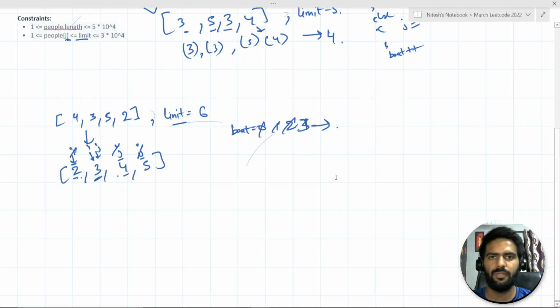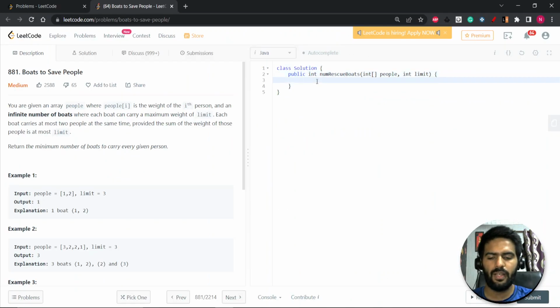So let's write the code for this. Okay, so our first step is to sort the people array. So we sort the array, then let's take two pointers, i as 0 and j as n minus 1.